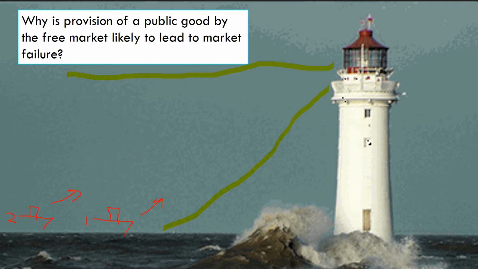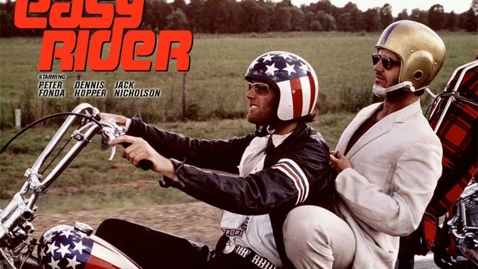In that situation, if no one pays, do we get the lighthouse providing light? No, if no one's paying for it, it's not going to happen. So often for goods like this, if it was left to the free market, the service wouldn't be provided because people can easily free ride off the payments of other people in society.